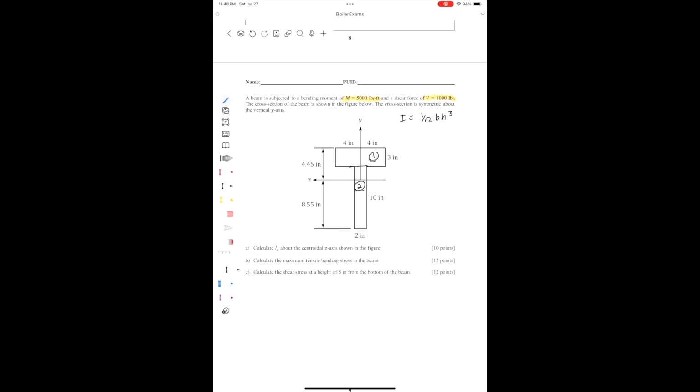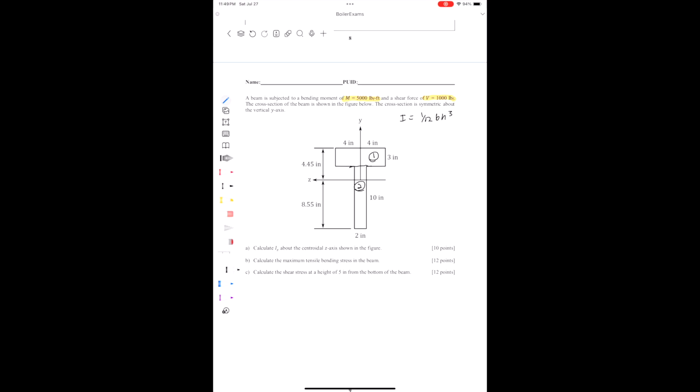We also have to use something called the parallel axis theorem, because this 1/12 BH cubed formula I gave you only works for shapes with respect to their centroids. So you have to use the parallel axis theorem to essentially shift it in order to determine the moment of inertia with respect to whatever point.